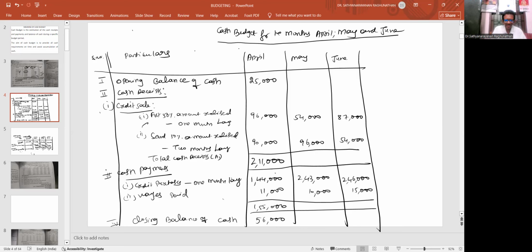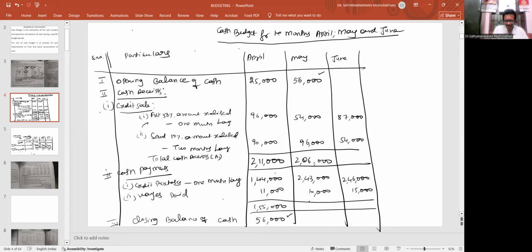In such a situation, no OD. Okay. So April month closing balance will be the opening balance for subsequent month, May. Now, 56,000 plus 54,000 plus 96,000, that is 2,06,000.